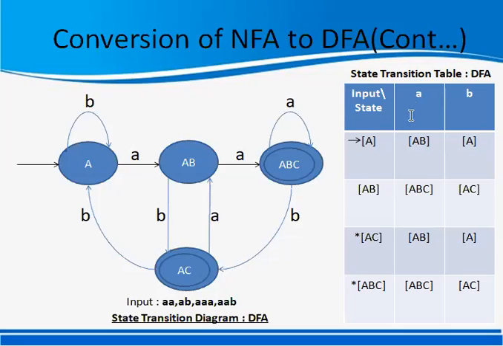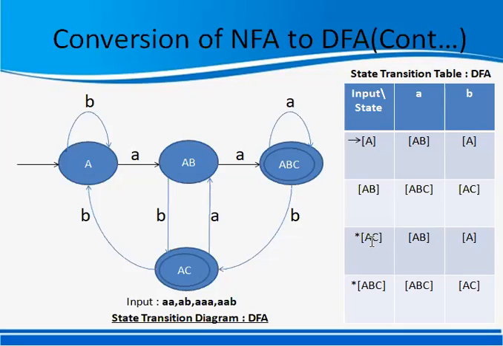From state AB on input small a, the next state will be ABC. Now on input small b, the next state will be AC.